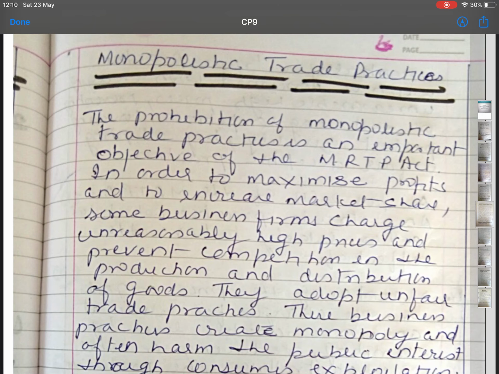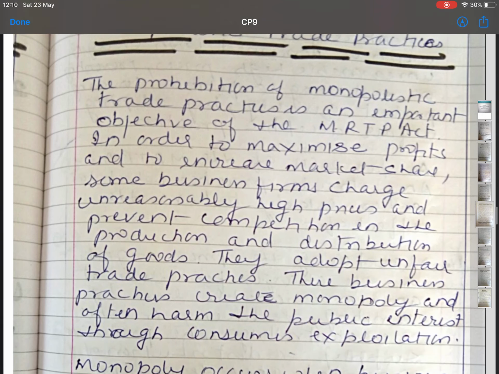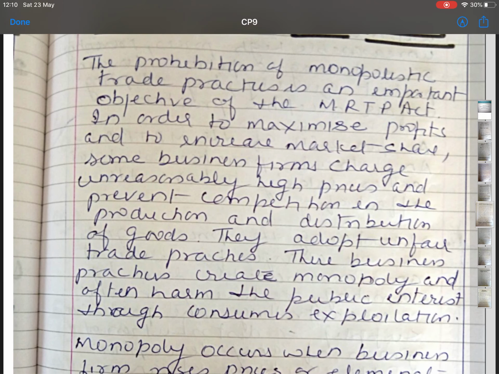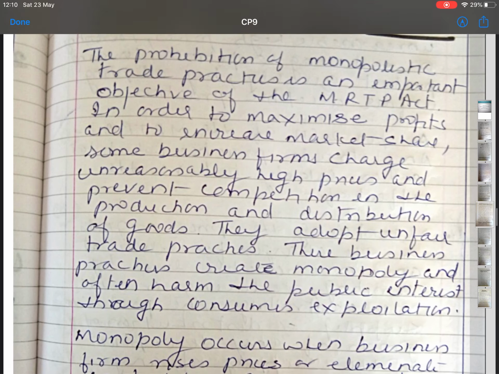In order to maximize profits and to increase market share, some business firms charge unnecessarily high prices and prevent competition in the production and distribution of goods. They adopt unfair trade practices. These business practices create monopoly and often harm the public interest through consumer exploitation.